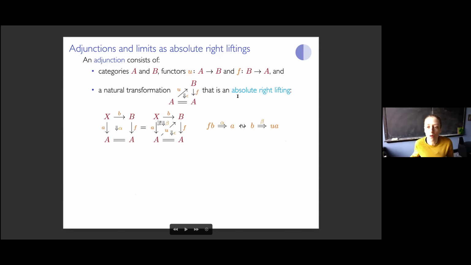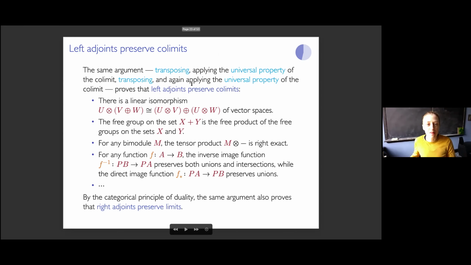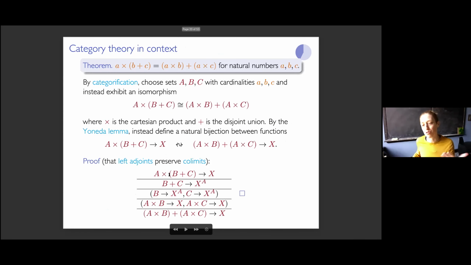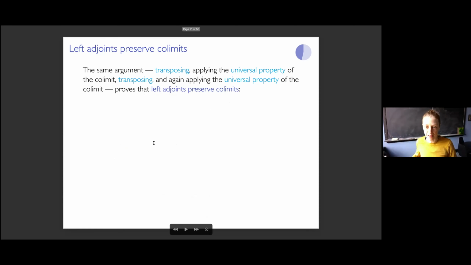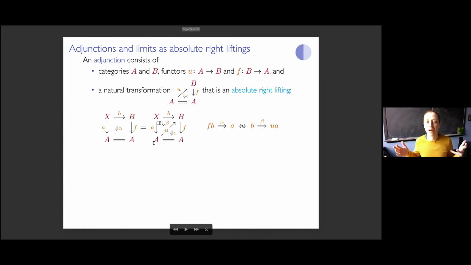Okay, so the proof that left adjoints preserve colimits, or also the proof of the dual theorem that right adjoints preserve limits, is the one that we illustrated here. There are four steps: you transpose, you apply the universal property, you transpose back, you apply the universal property again. I want to explain now how this proof would look more formally in formal category theory.